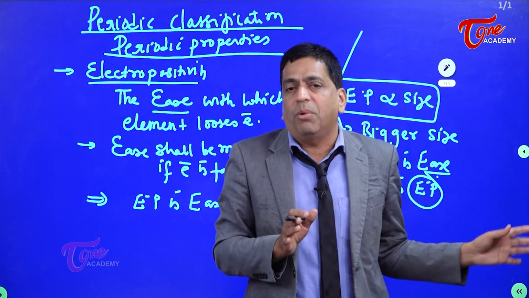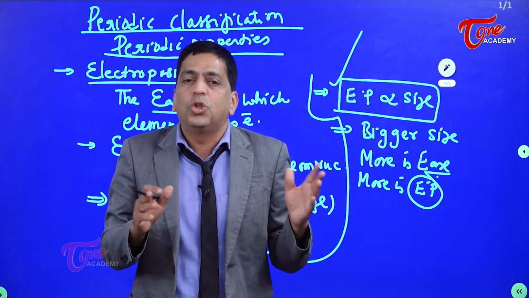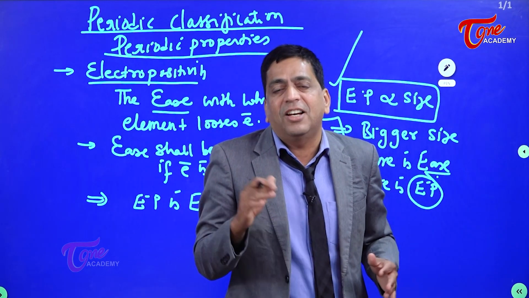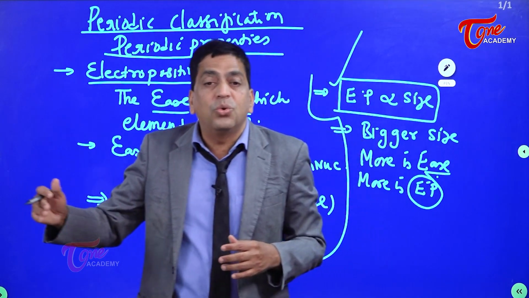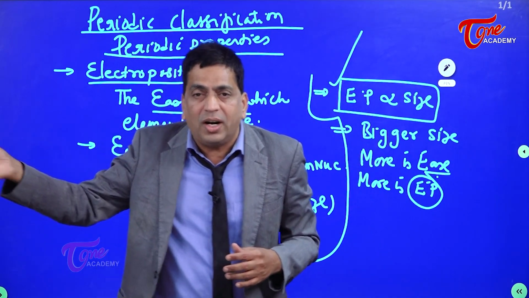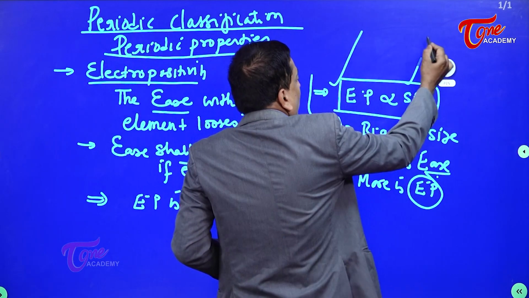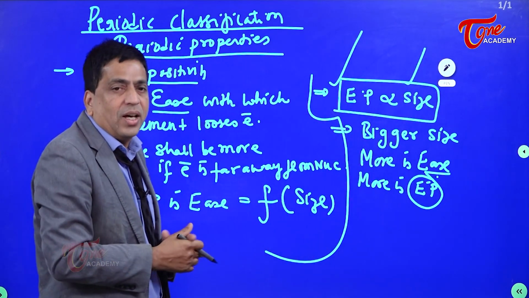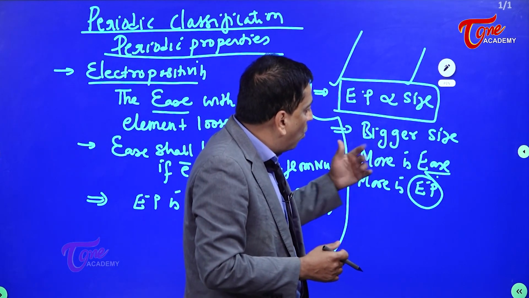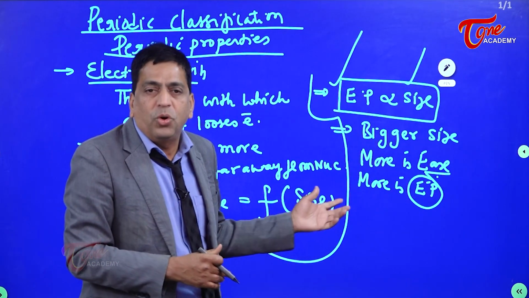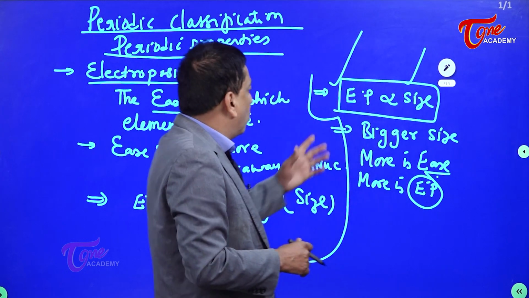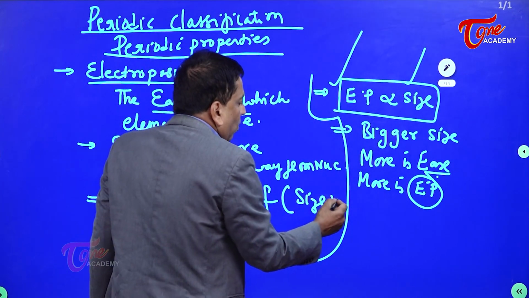So electropositivity is a language used for metals. Electronegativity is the language we use for nonmetals. So electropositivity depends on what? Size. Bigger the size, more is the ease to remove electrons, and more is electropositivity. If you know this, then I think it's easy to write the trend.